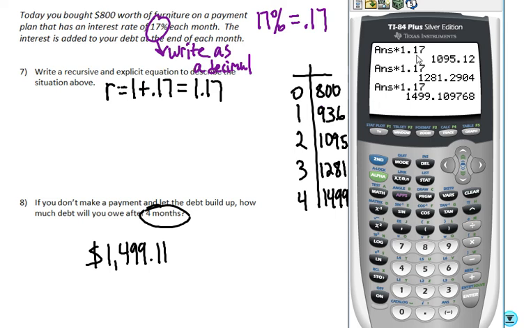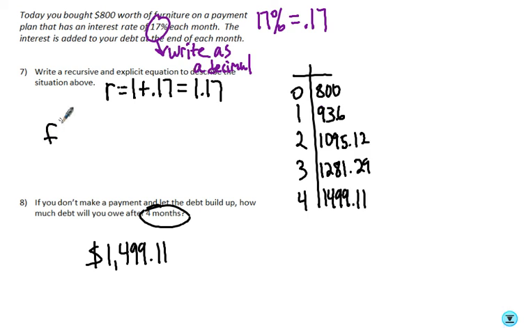That was kind of the long way, though, because I kept having to type in times 0.17. So what we're looking for is a shortcut. The explicit equation is what tells us the shortcut. Remember, the recursive just tells you how it's changing. All we did is multiply by 1.17 each time. Now, what would be a shortcut?